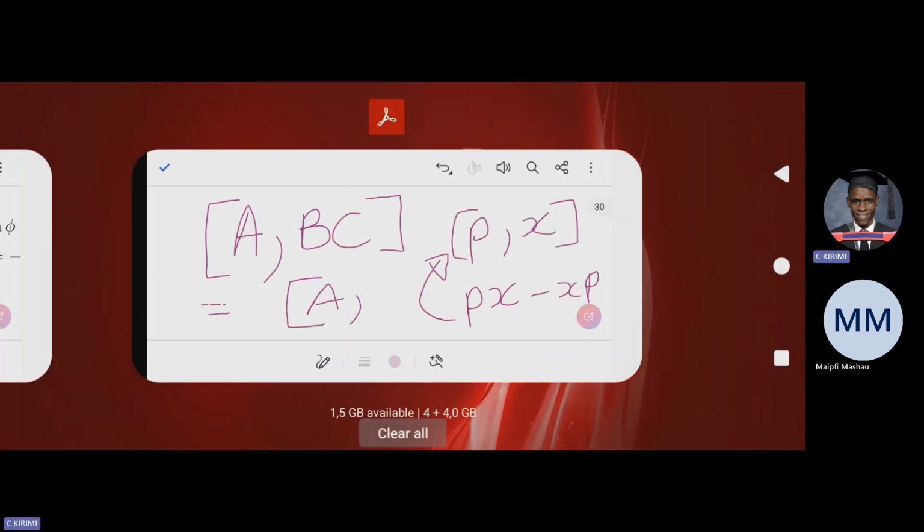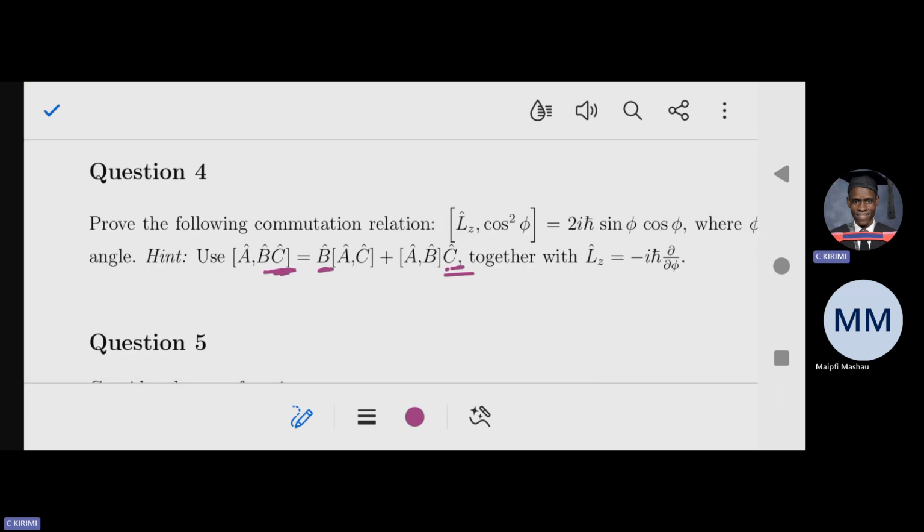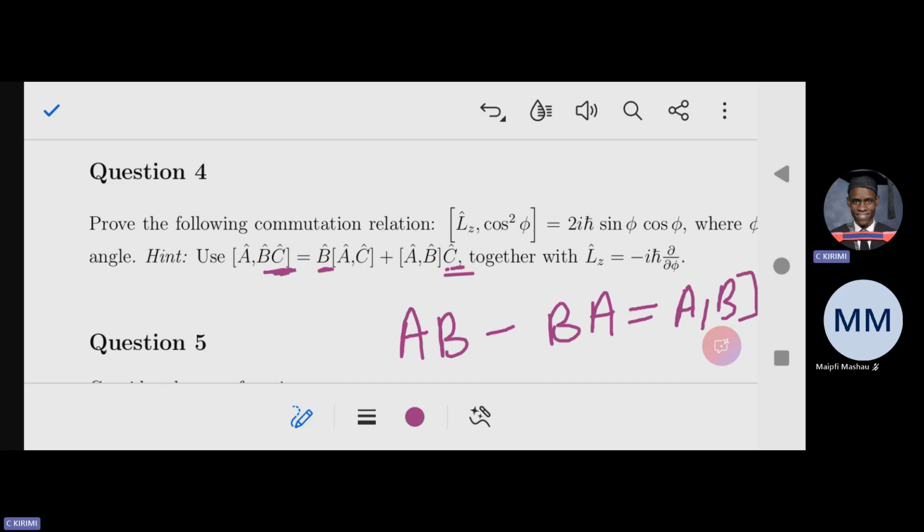So whenever you are given an expression AB minus BA, it can be written as A commuting with B. That is the definition.